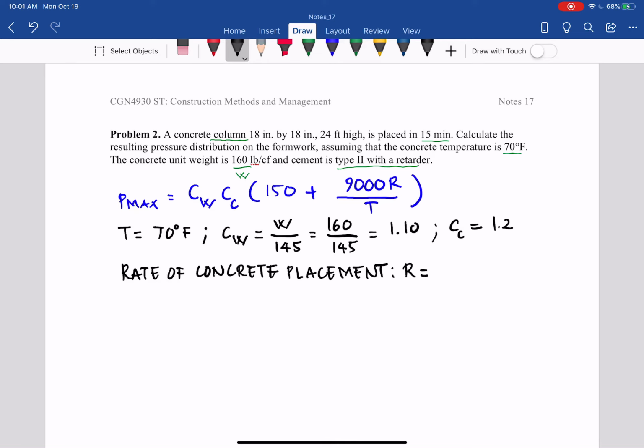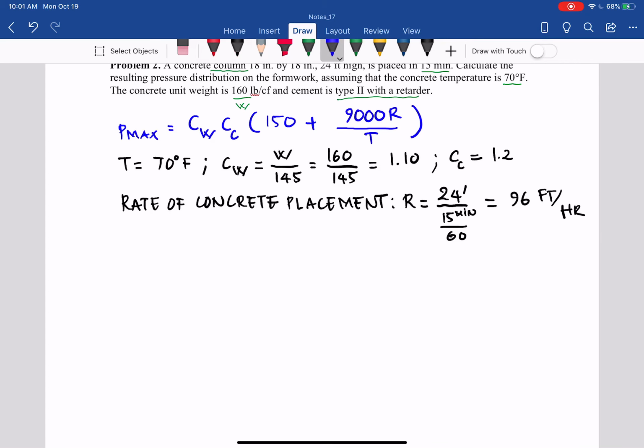So R equals the height, 24 feet, done in 15 minutes. Because the rate is in feet per hour, we divide by 60 minutes per hour, so we have 96 feet per hour. The rate is very fast.